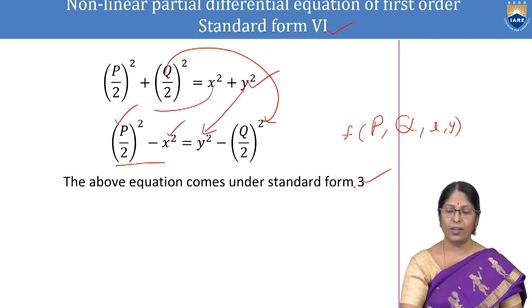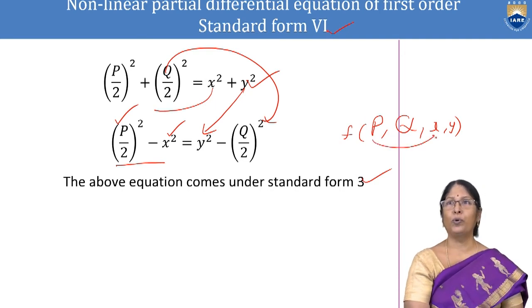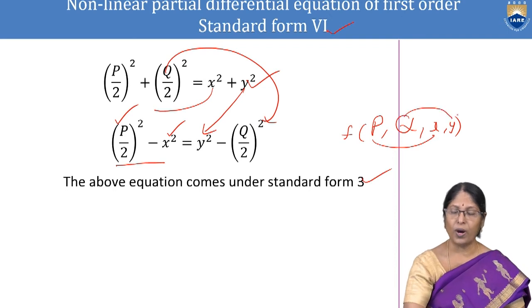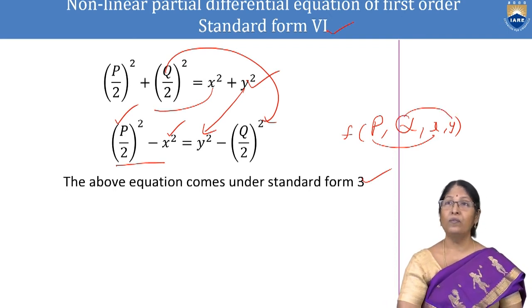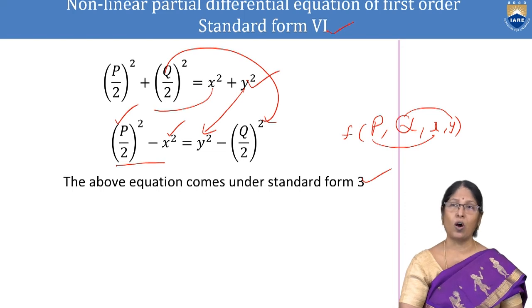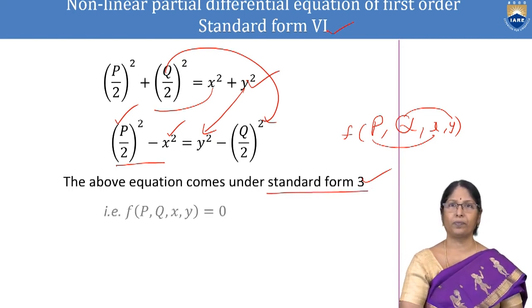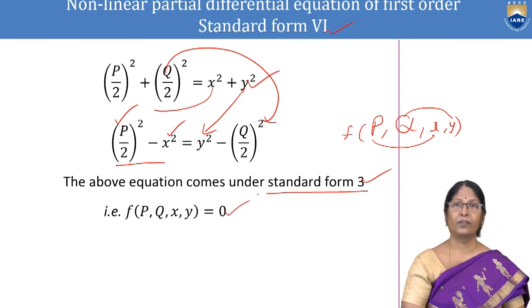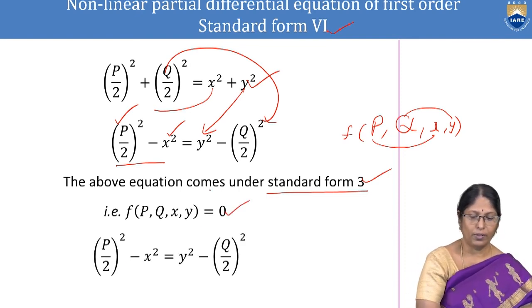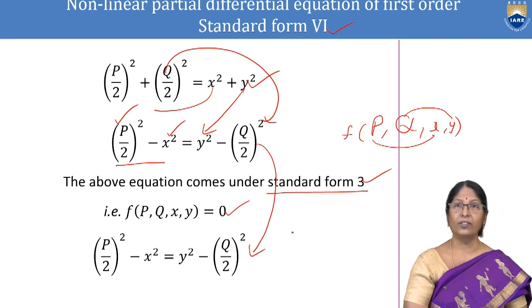The steps are: P and x are grouped to one side, Q and y are grouped on the other side, which is equal to some a. That is the step of standard form 3, and we have to solve for P and Q, and do the specific integration, which will give the required solution. Now this is written again as it is.